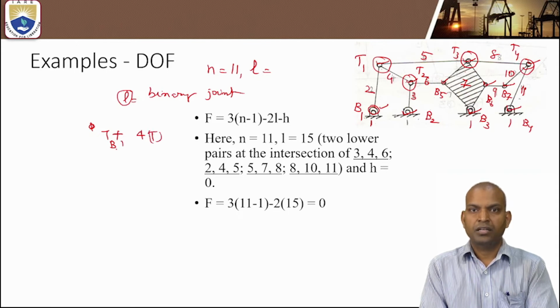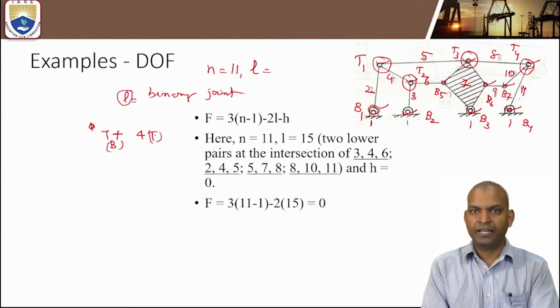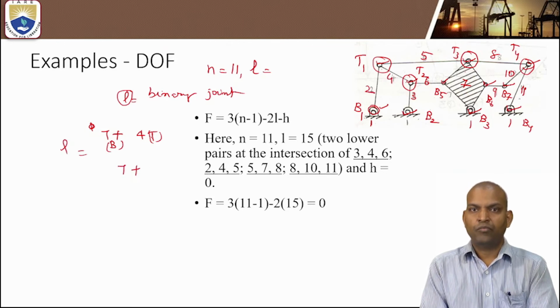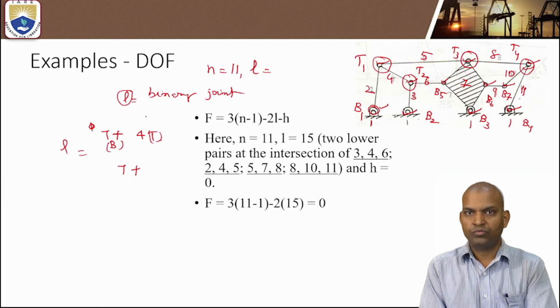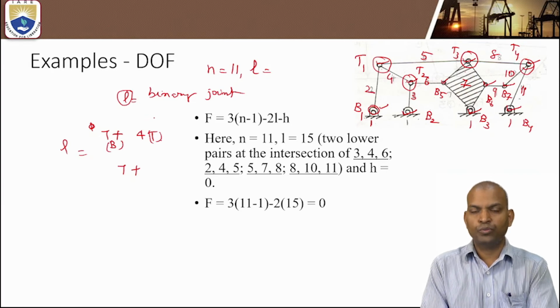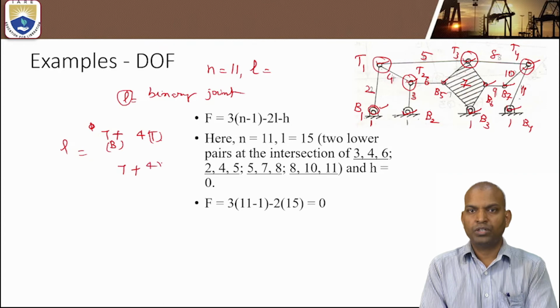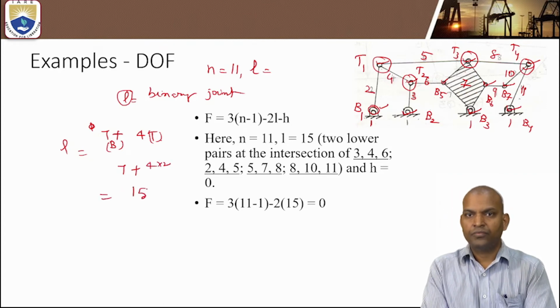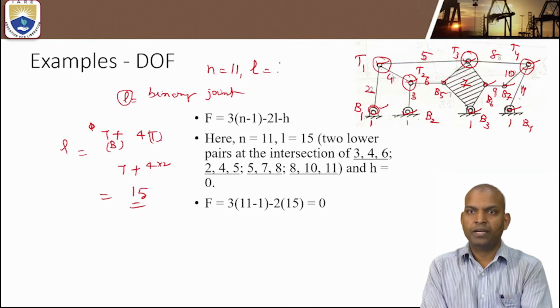In this formula, L indicates the total number of binary joints. One ternary joint equals 2 binary joints. That means 4 times 2, 8. So 7 plus 8, 15 is the total number of binary joints.